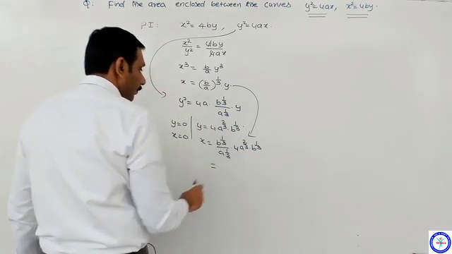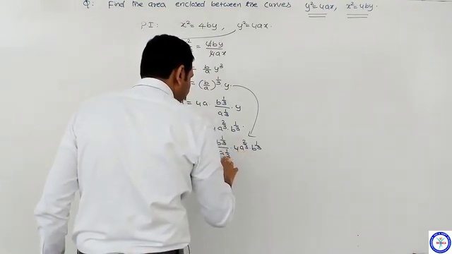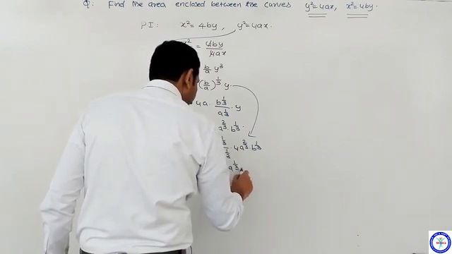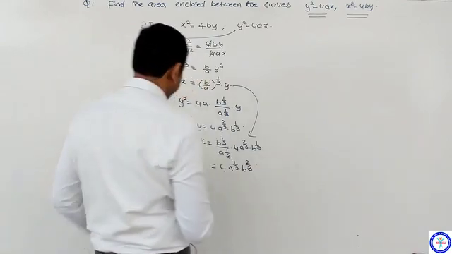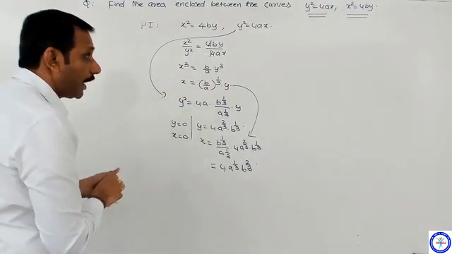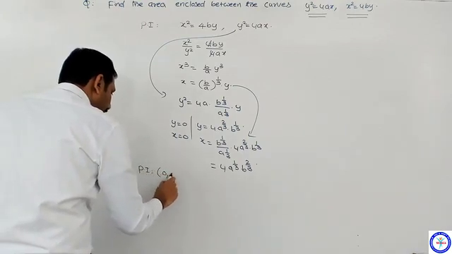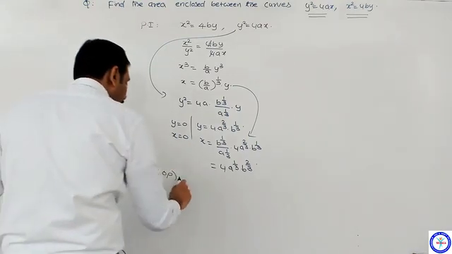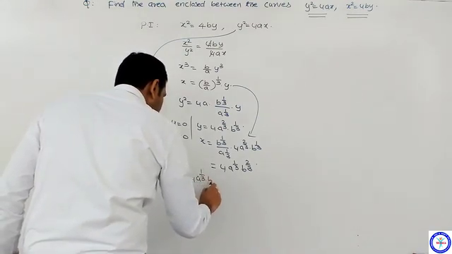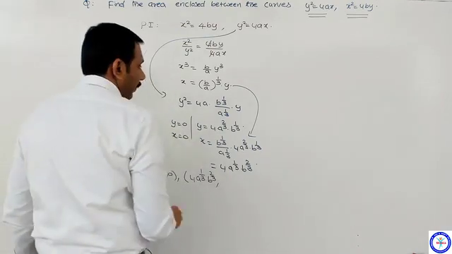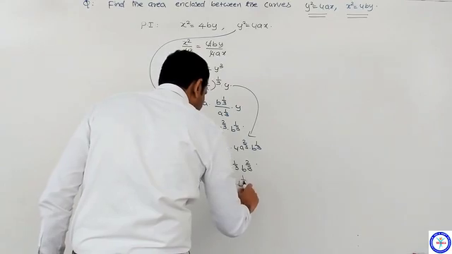It is equal to 4 a power 2 by 3 by a power 1 by 3 means a power 1 by 3. b power 1 by 3 into b power 1 by 3 means b power 2 by 3. Therefore, point of intersections are, one point of intersection 0, 0, other point of intersection 4 a power 1 by 3 into b power 2 by 3, 4 a power 2 by 3 into b power 1 by 3.